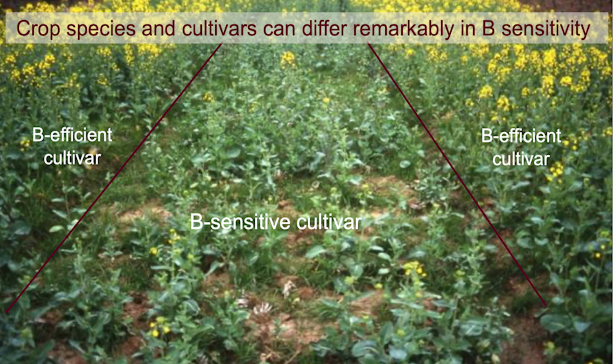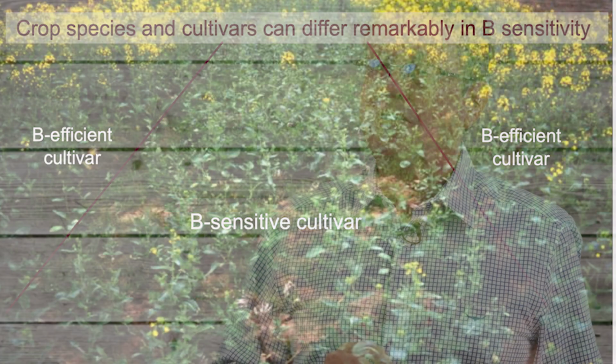Subsequently, through selection and breeding, they've developed some efficient cultivars, which are shown on the right and on the left of this image, that are much better at growing in a low boron soil than the sensitive cultivar. Remember, in this particular image, all of the soil will have the same boron test result, and yet the plants are growing very, very differently.